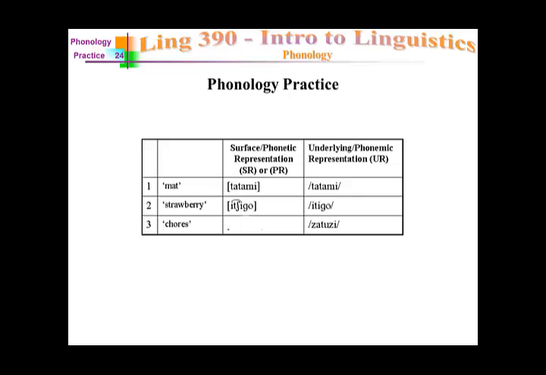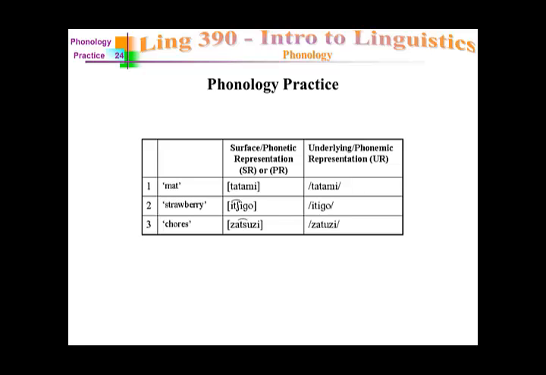The word for chores has the sound u after our sound of interest, so where the surface representation was zatsuzi, its underlying representation would be zatuzi. We would then say that every underlying representation has to check the phonological rules of the language before being pronounced.